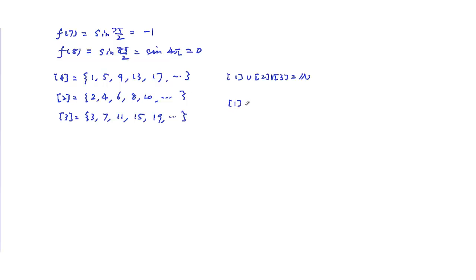But mutually, they are disjoint. So for 1 and 2, the intersection is empty. 1 and 3, the intersection is empty. 2 and 3, the intersection is also empty. So together this is a partition of the natural numbers set.